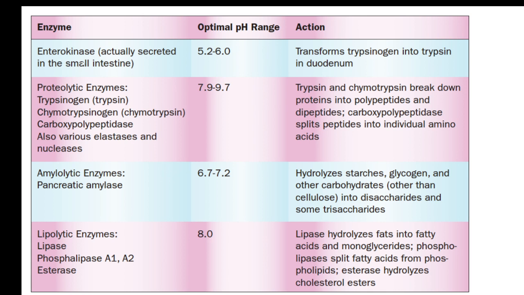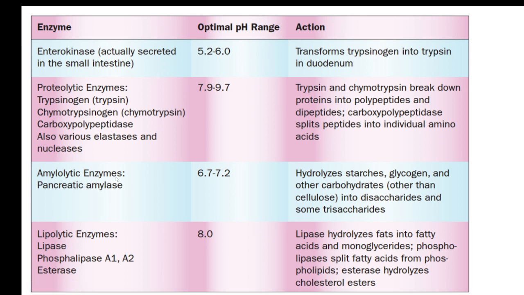In addition, enterokinase, which is also necessary for the conversion of trypsinogen into trypsin, is actually secreted by the small intestine, but still it has a relationship with the pancreas. Some amount of that is secreted by the pancreas.